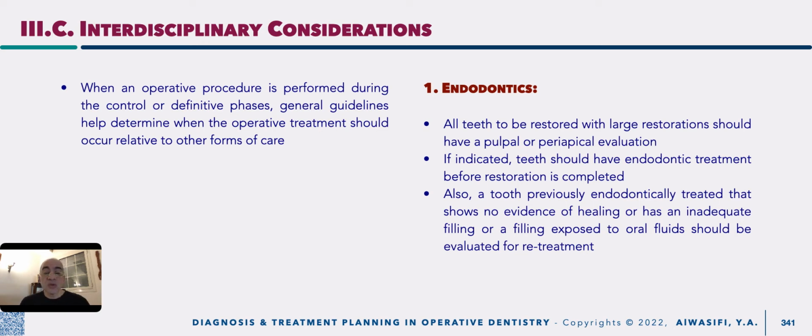A tooth with a previous endodontic treatment that shows no evidence of healing, or has an inadequate filling, or a filling exposed to oral fluids, should be evaluated for retreatment.